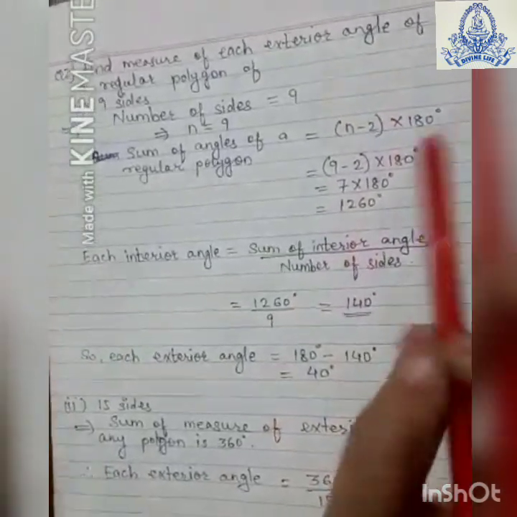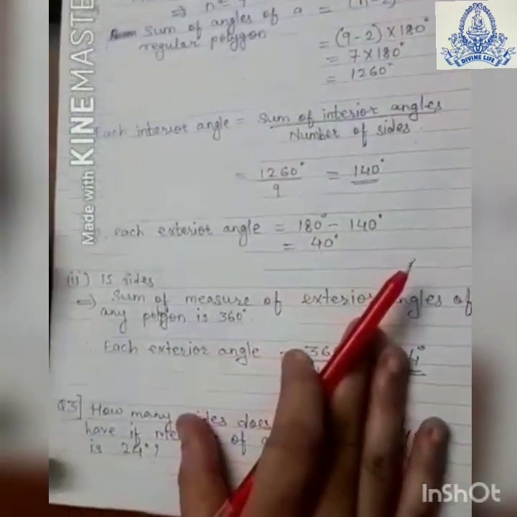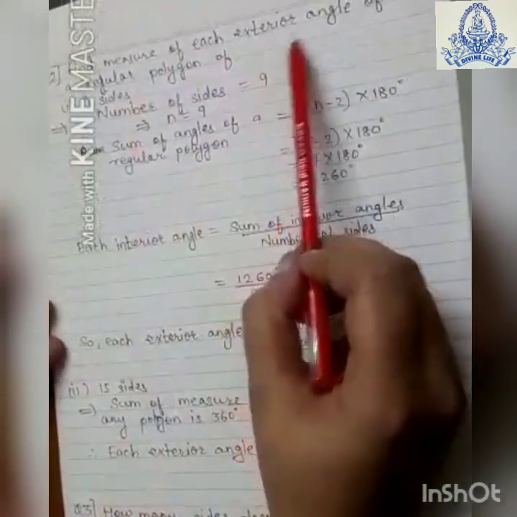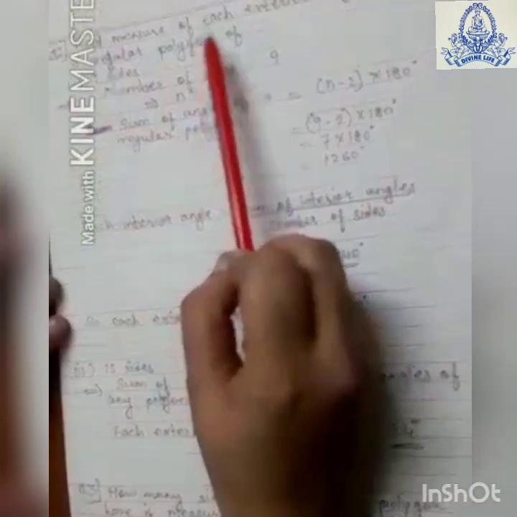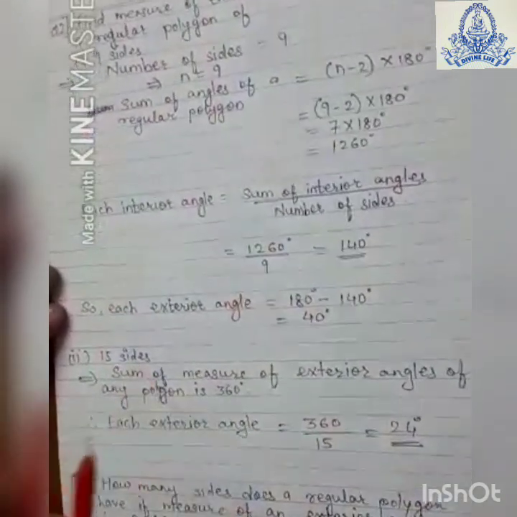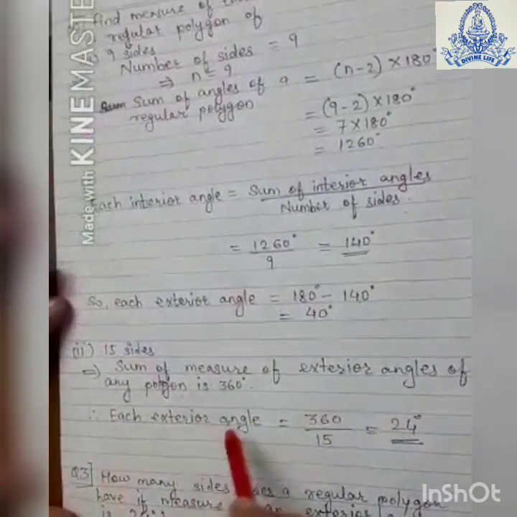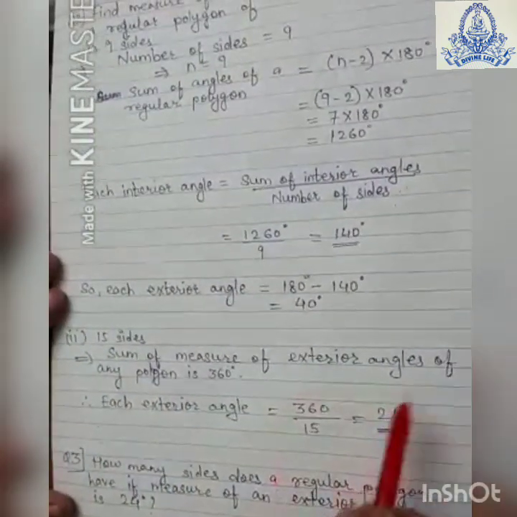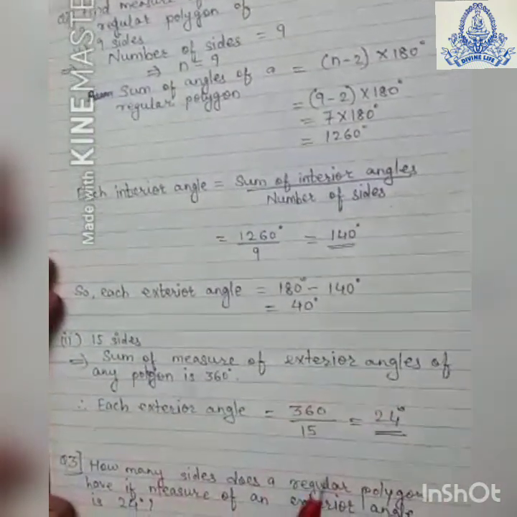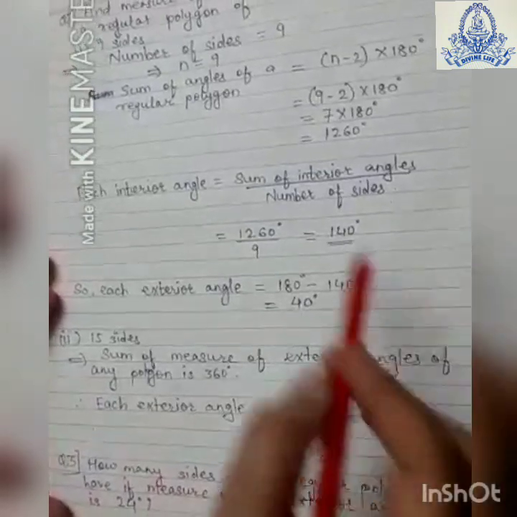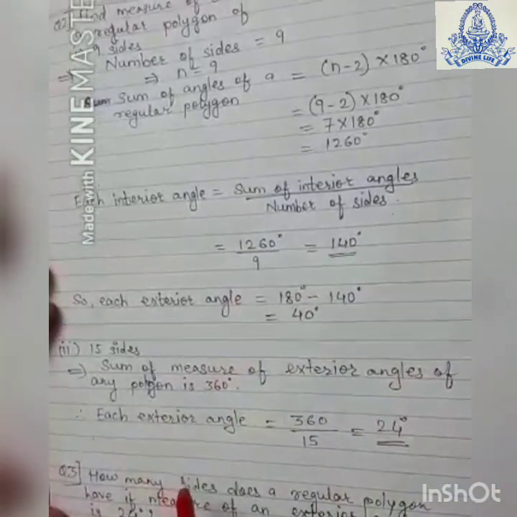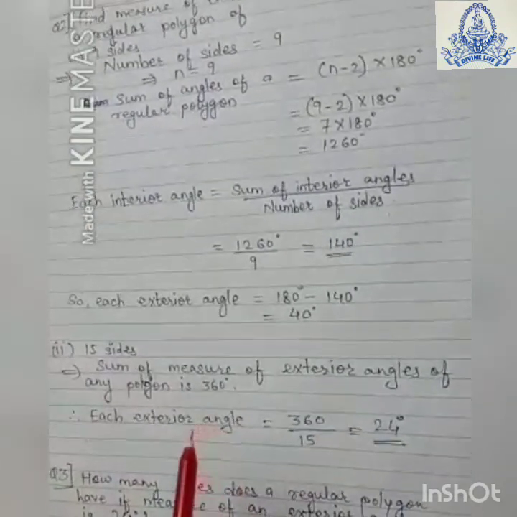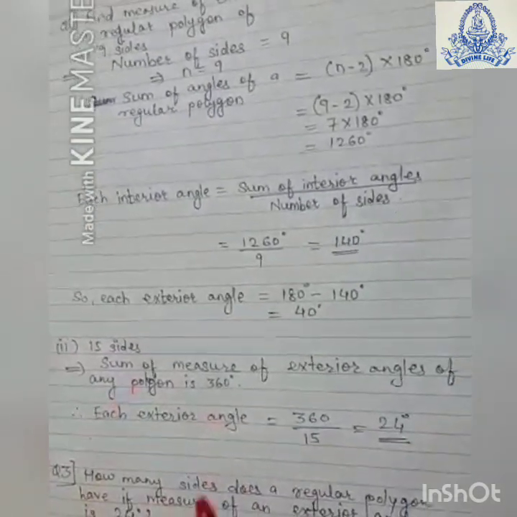We will see the next example in another way. See, here also they have told us to find the measure of each exterior angle of a regular polygon of 15 sides. We will see the alternate method. We know that the sum of the measures of exterior angles of any polygon is 360 degrees, and we want to find each angle for 15 sides.